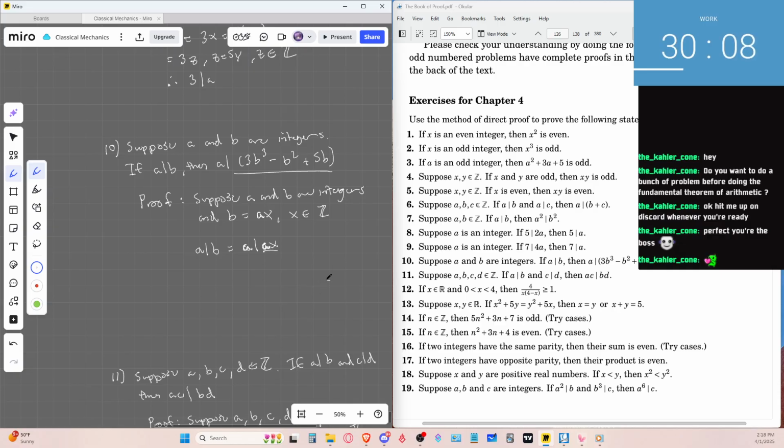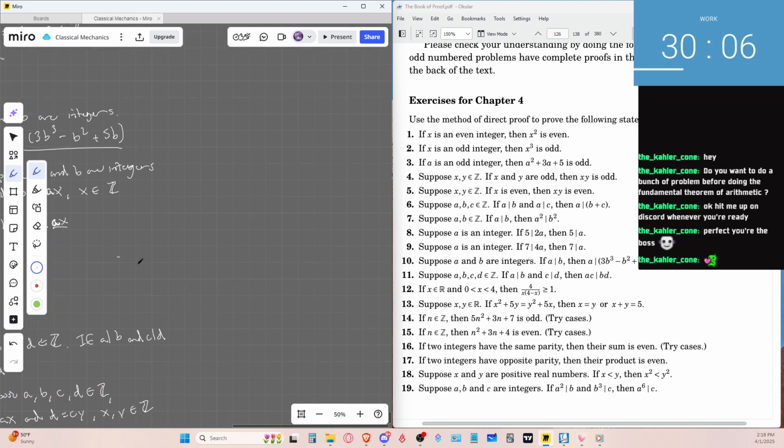I'll move this to the side, because according to them, it's like: assume A and B, then there exists an X within.